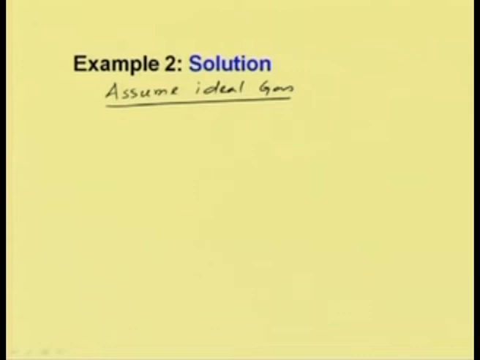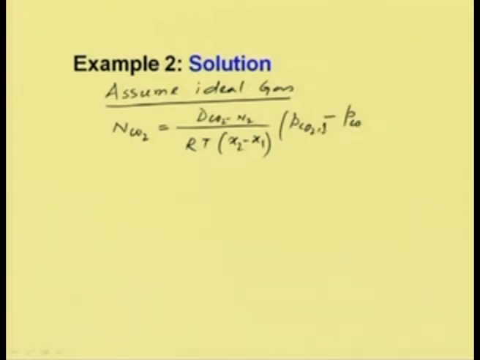ideal gas, and then we know the flux equation: the flux of CO2 will be equal to D CO2-nitrogen over RT into x 2 minus x 1 into the partial pressure of CO2 at point 1 minus the partial pressure of CO2 at point 2.